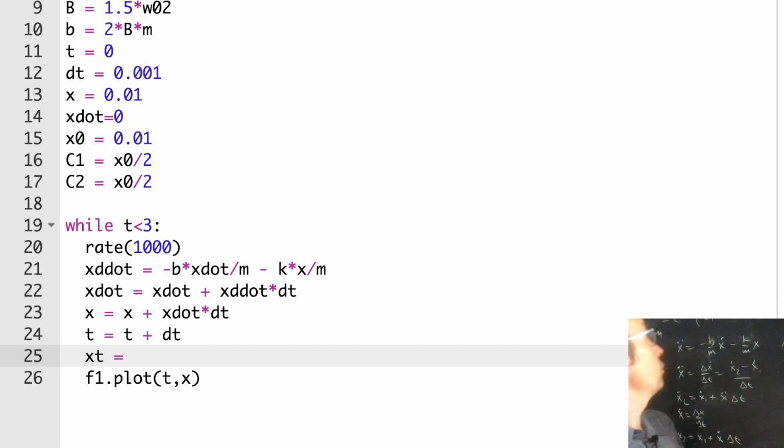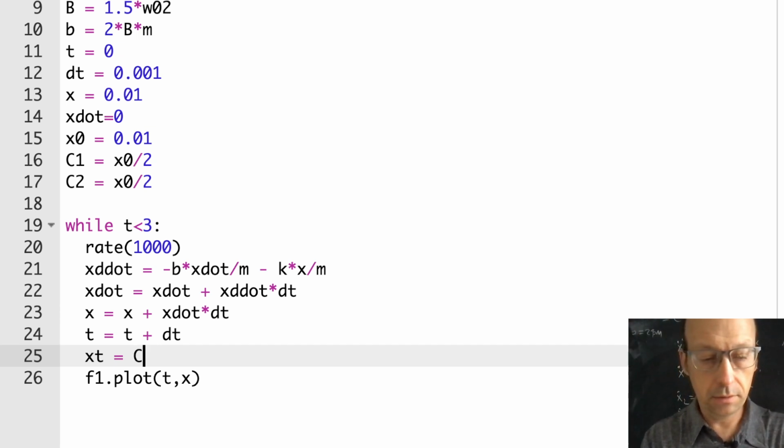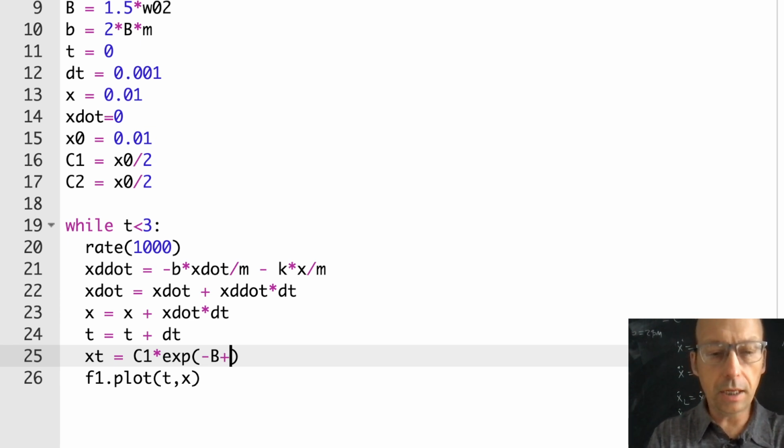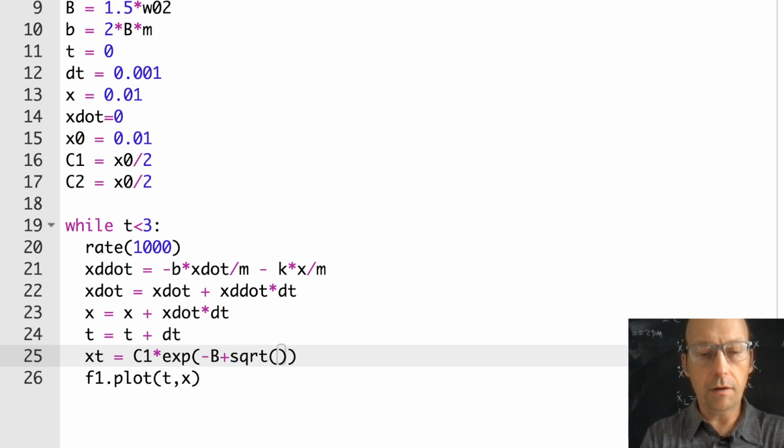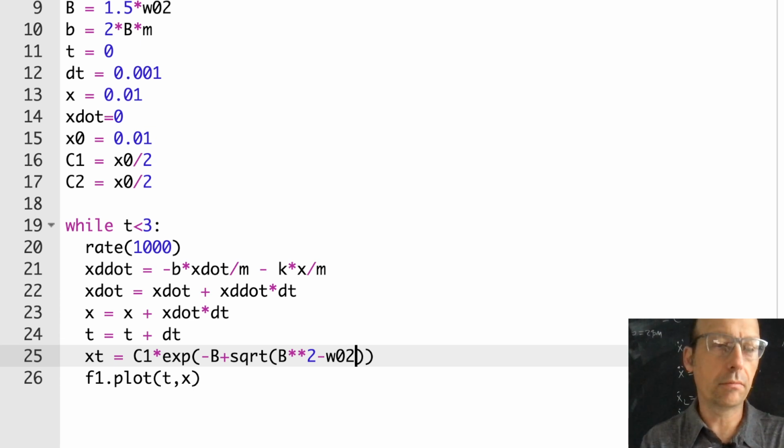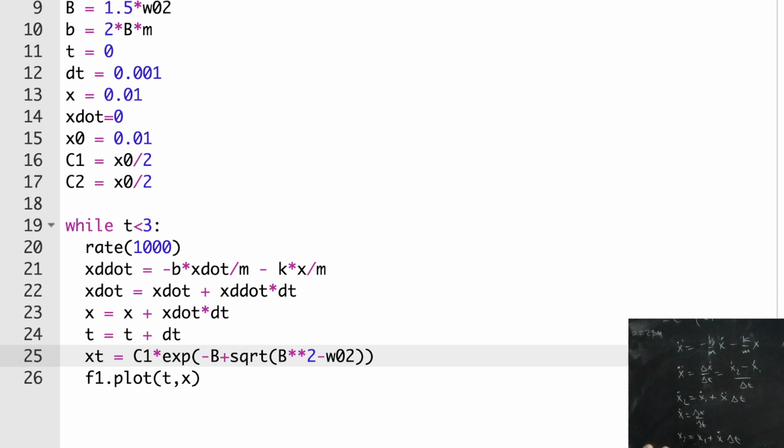It's going to be equal to C1 times exponent of negative beta plus the square root of beta squared minus omega naught squared, which is just omega 0 squared. Yep, that's that term right there. And then I need to multiply that by t.